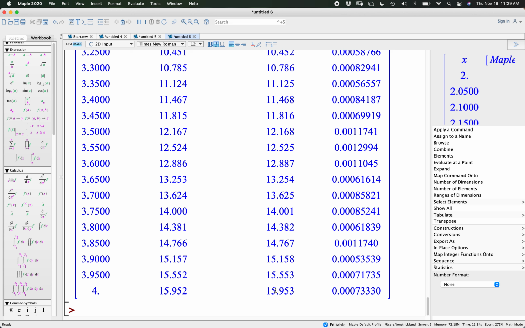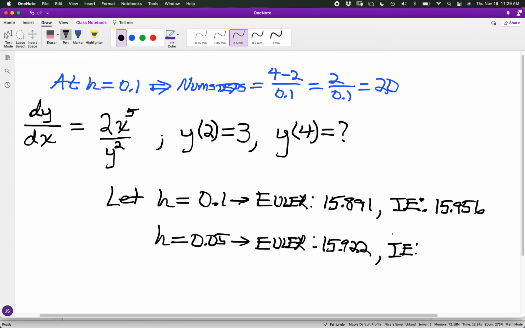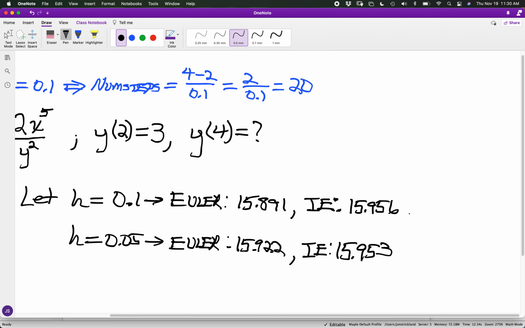So we got 15.953. And with the Runge-Kutta, it is going to be virtually an identity when you round to the nearest 3 decimal places.